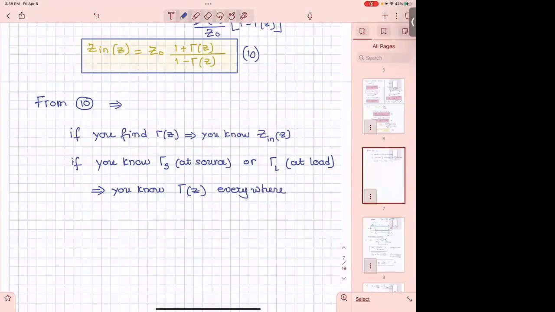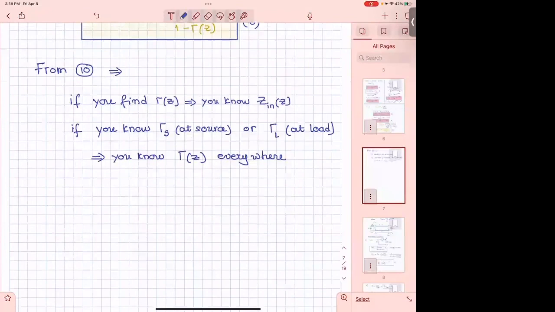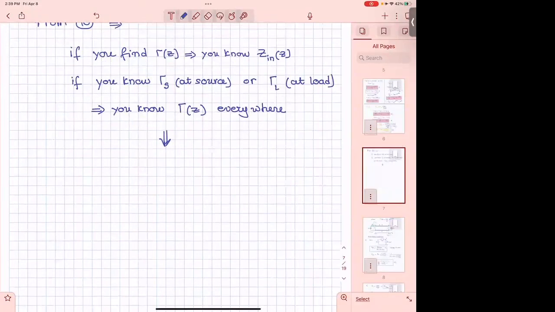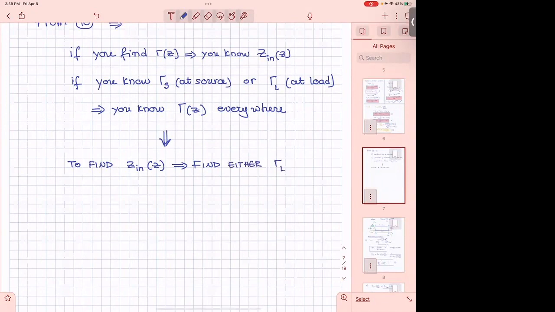All right, if you look at this, what is the conclusion? That to find Z input everywhere, therefore to find Z input of Z, what you have to do is find either gamma L at the load, or if you can, gamma S. All right, and that's it.